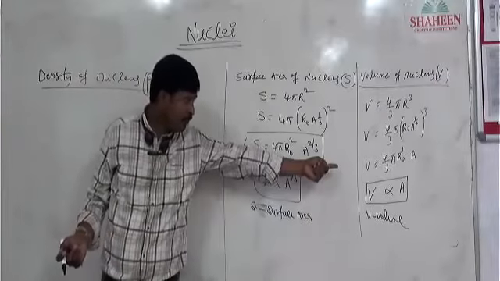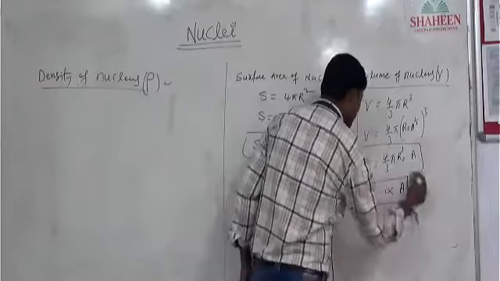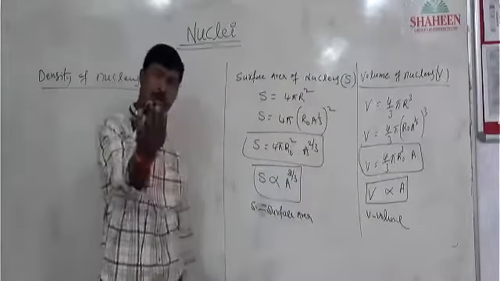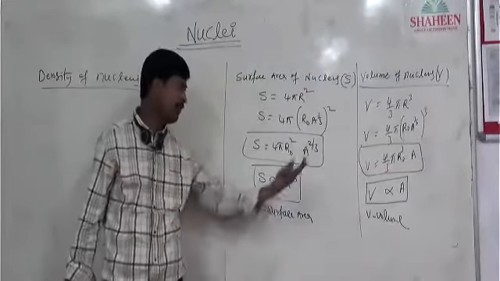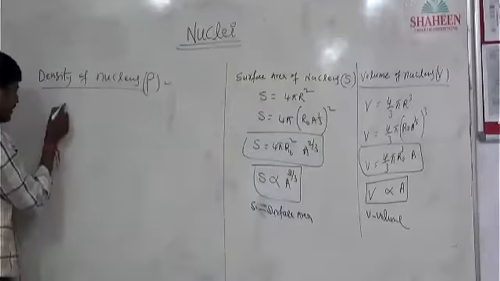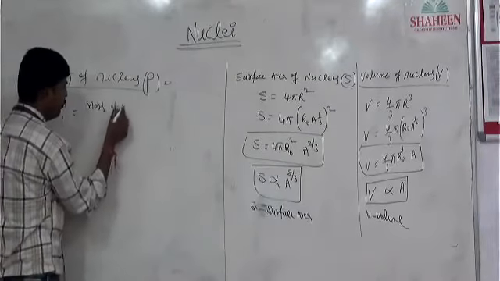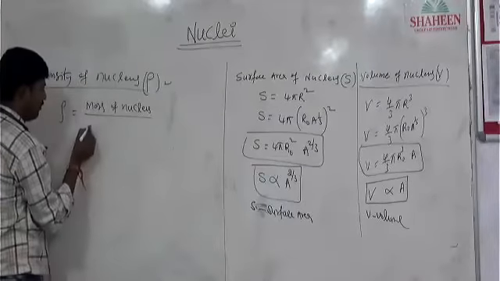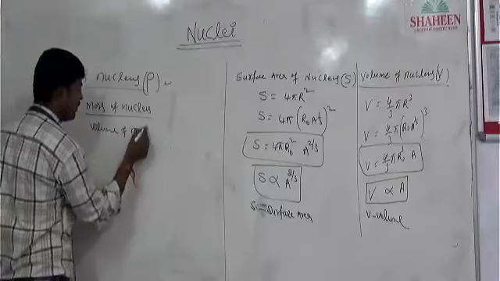We have got the volume of nucleus, and just before that I also mentioned the mass of nucleus. So we have a mass of nucleus and a volume of nucleus. Just divide, and we'll get the density. So density is equal to mass of nucleus by volume of nucleus.